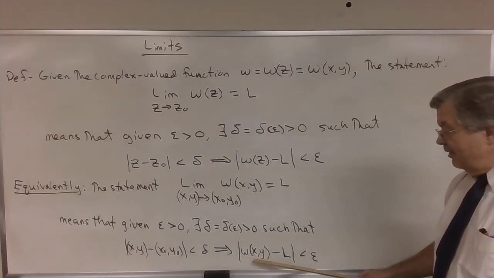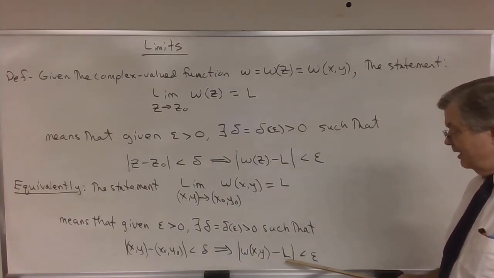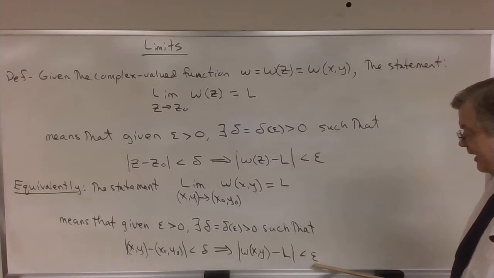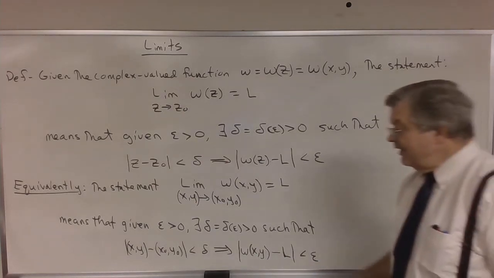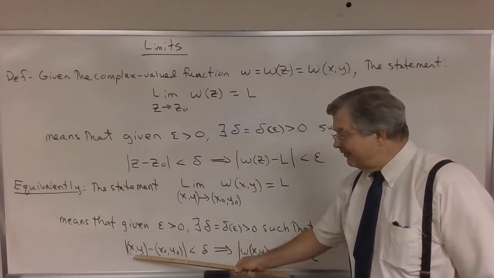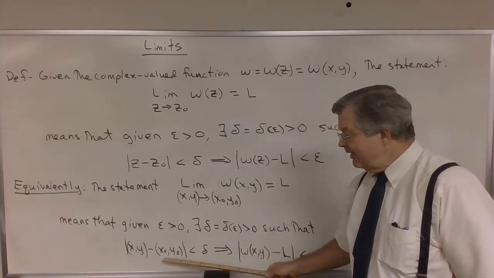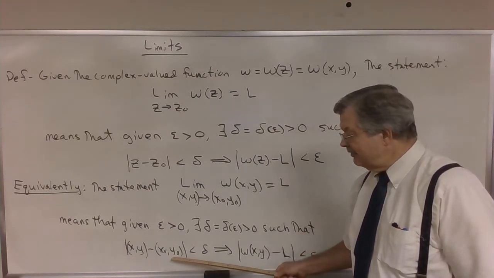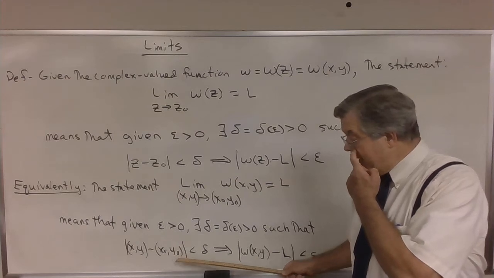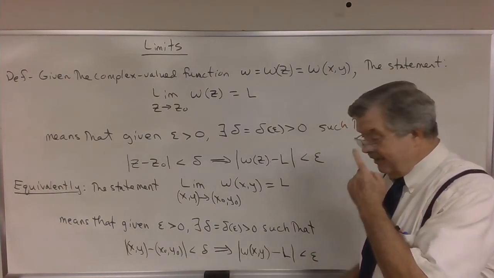So if we want W of (x, y) to be very close to our limit L, in other words, if epsilon is small, then (x, y) better be very, very close to the ordered pair (x naught, y naught), which means that delta is going to have to be small.